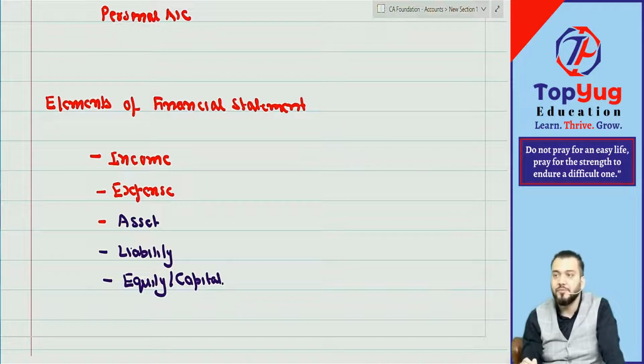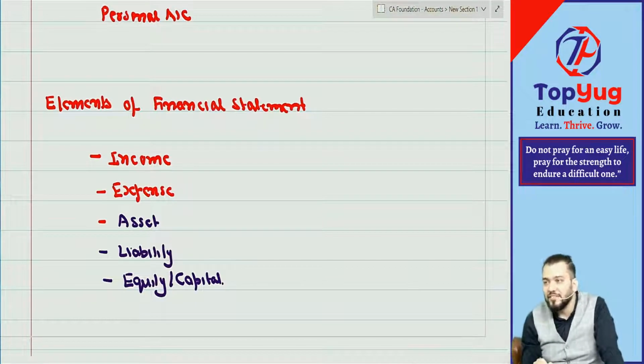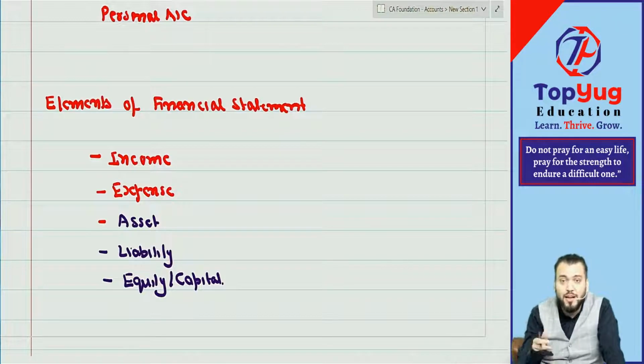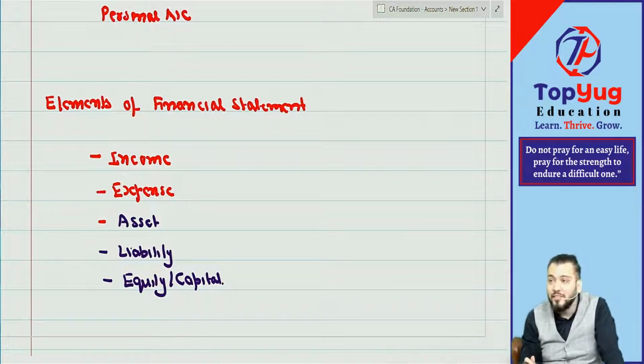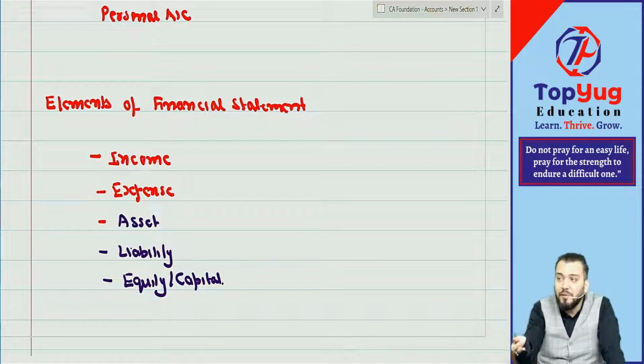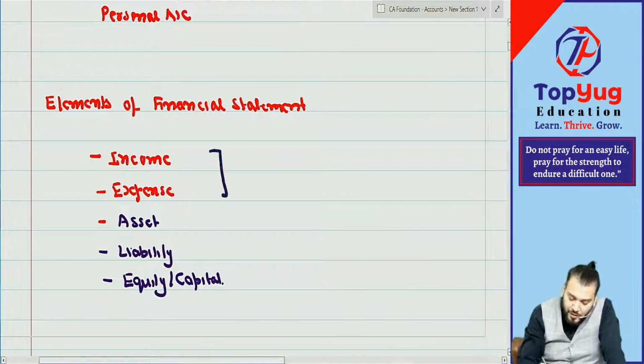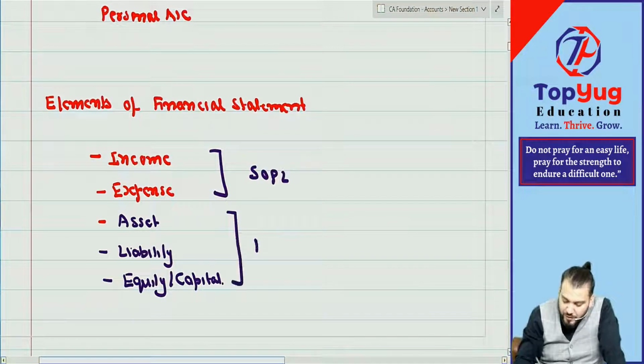Correct? Understood. So there are five elements in financial statement. So the objective is to identify these five elements. If you can identify these five elements, you can prepare balance sheet and SOPL, because these two will go in SOPL, and these three will go in balance sheet.